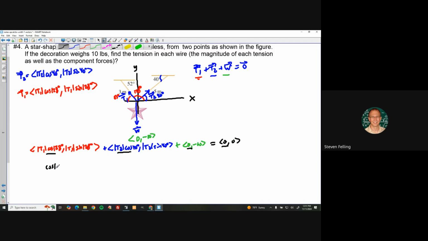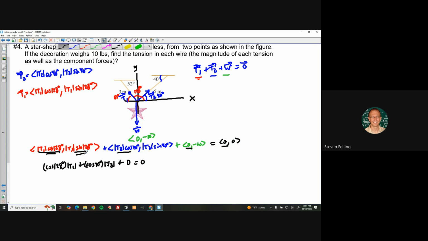Cosine of 128, that number times the magnitude of T1, plus the x component here, but I'm going to write the number first, cosine of 40 degrees times magnitude of T2. I'm omitting the arrows just because it's getting too messy. Plus the x component here, which is 0, has to equal the x component on the other side, 0. So there's an equation for all the x components.